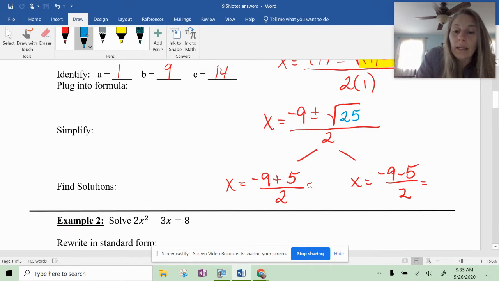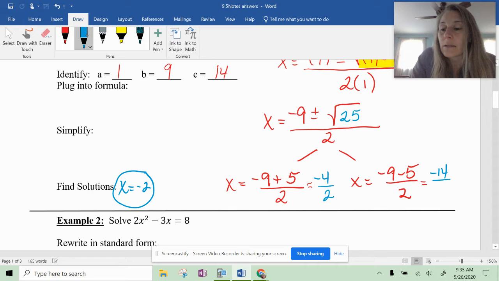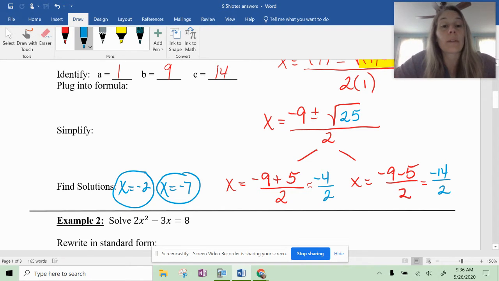So -9 plus 5 is -4, and -4 over 2 is -2. So that's one of your solutions. Then over here, -9 minus 5 would be -14 over 2, which will be equal to -7. And those would be the 2 places where this would cross the x-axis if you were graphing that parabola.